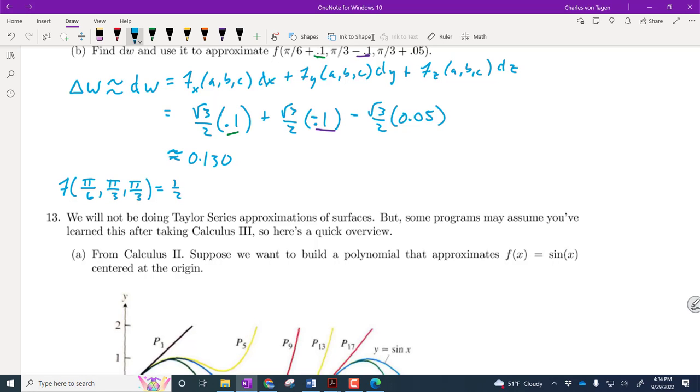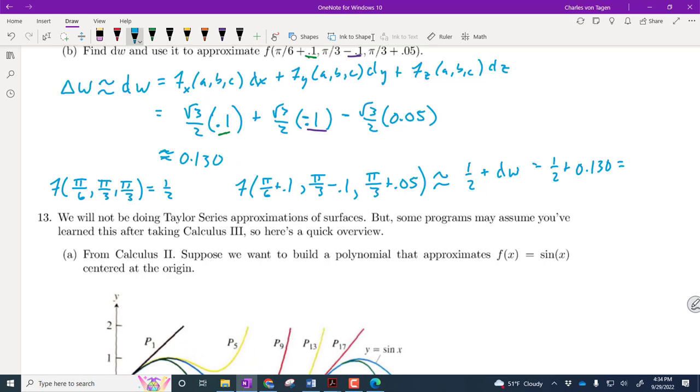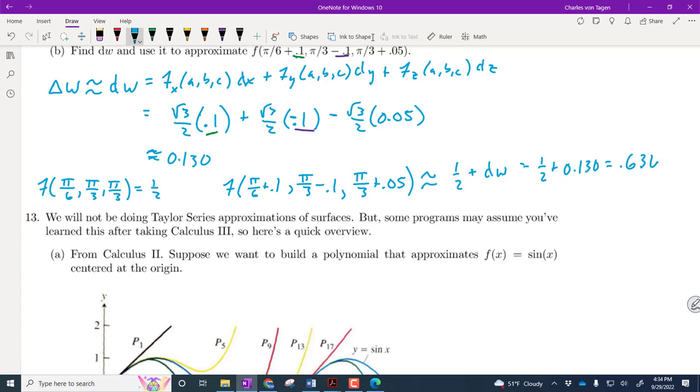And so we're going to say that f of pi over 6 plus 0.1, comma, pi over 3 minus 0.1, comma, pi over 3 plus 0.05, is approximately that same 1/2 that we had before, plus our differential w, which is what we just computed. So it's going to be 1/2 plus 0.130, which is where we get our 0.630 from.